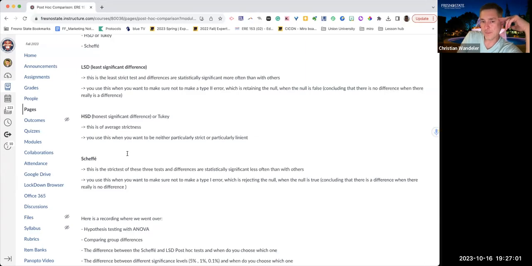And let's say if I were Pfizer, the pharmaceutical company that made that medicine for COVID, I might want to use the LSD.